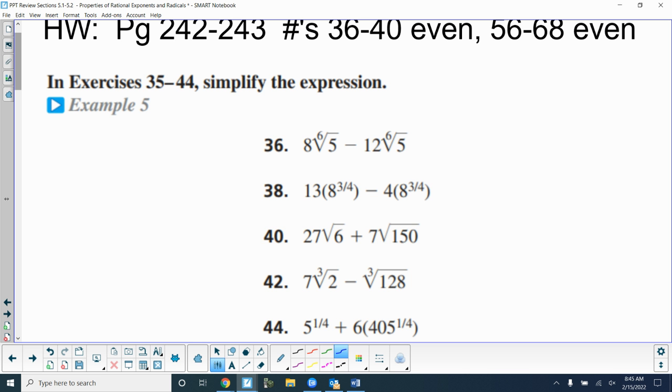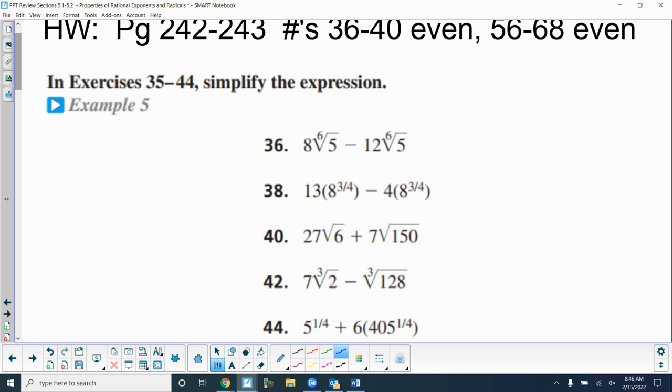All right, 36. Negative 4 times the sixth root of 5, right? All you have to do is subtract 12 from 8, right? 38. 13 minus 4 is 9, right? Times 8 to the 3/4 power.